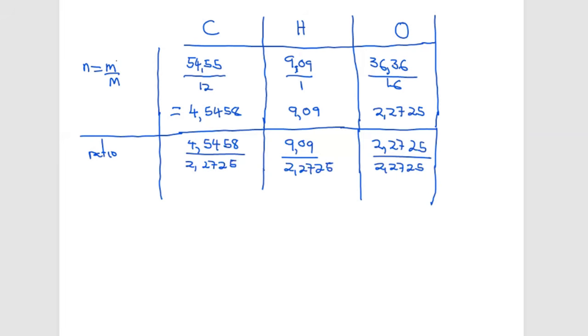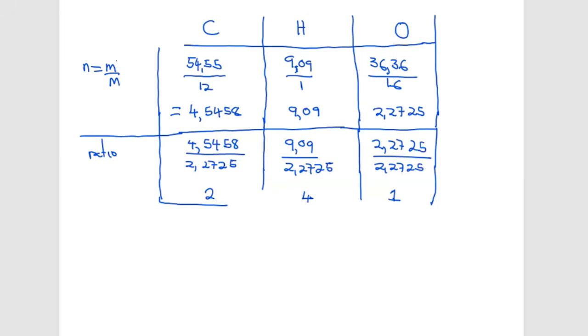So 2.2725 divided by 2.2725, we're going to get a value of 1. And then 9.09 divided by 2.2725, we're going to get a value of 4, right? Then 4.5458 divided by 2.2725, we're going to get a value of 2.